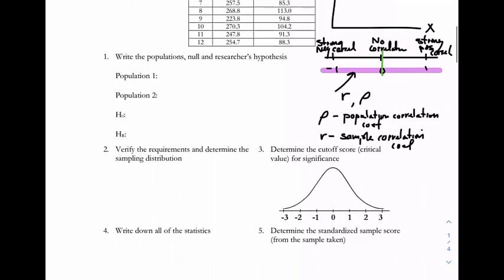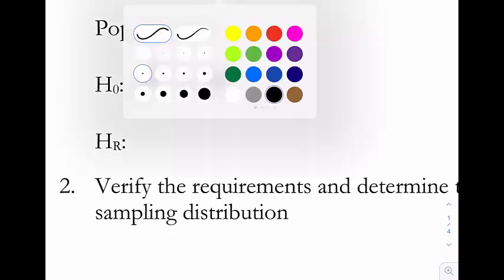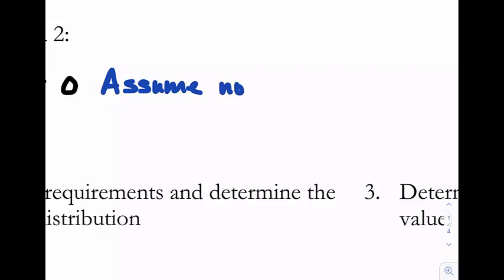So jumping back down to here just for a second before we go to our populations, we're going to assume from the very beginning that rho is equal to 0. And we'll do that all the time, no matter what, whether this is trying to prove a positive or negative correlation. So from the very beginning, we want to assume no correlation. You always want to do that.